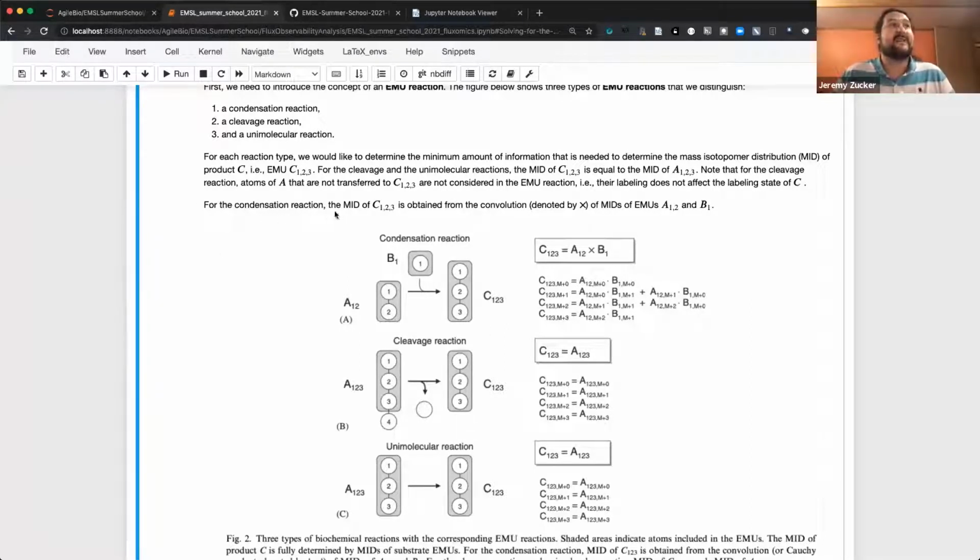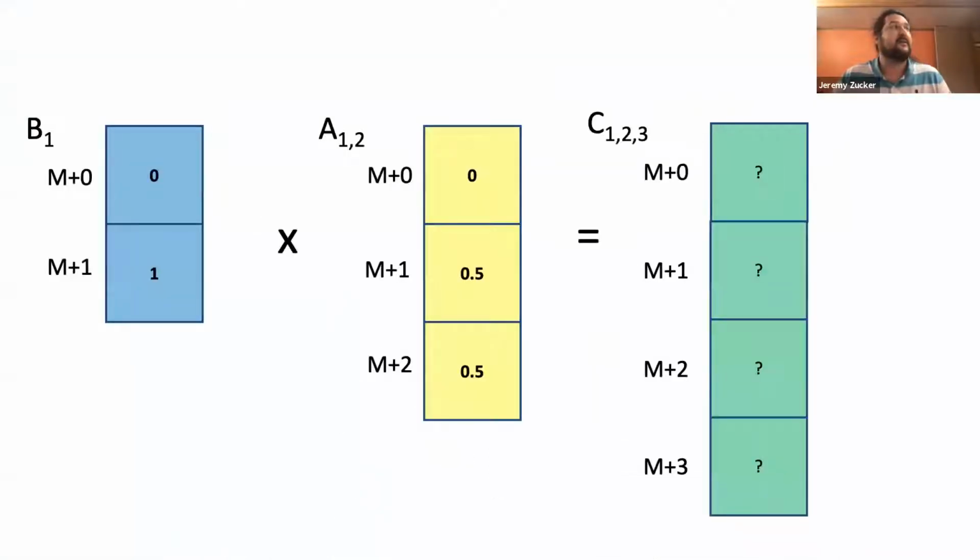For the condensation reaction, the MID of C1, 2, 3 is obtained from the convolution of the MIDs of these 2 EMUs, A1, 2, and B1. So let me just show you what a convolution looks like in this slide right here. Here's the MID of B1.